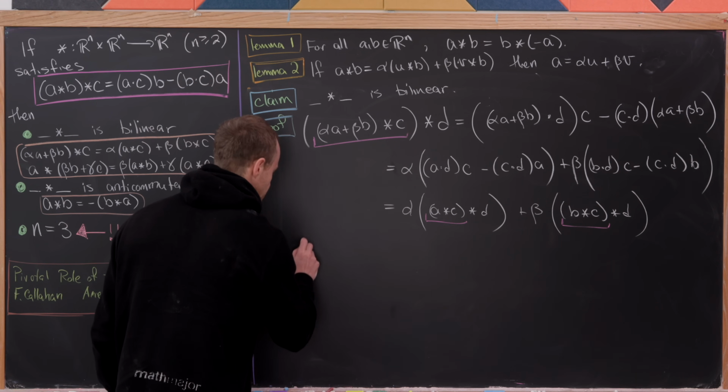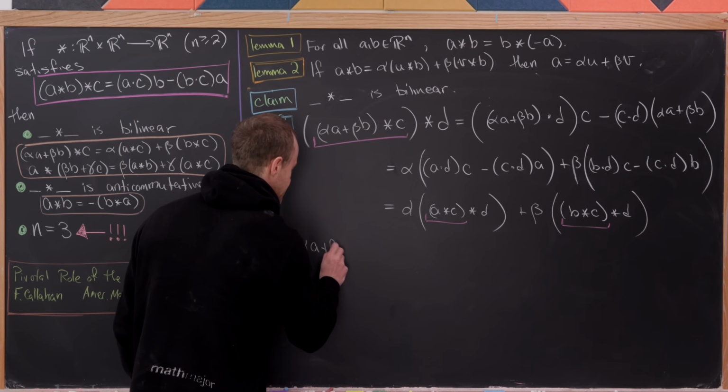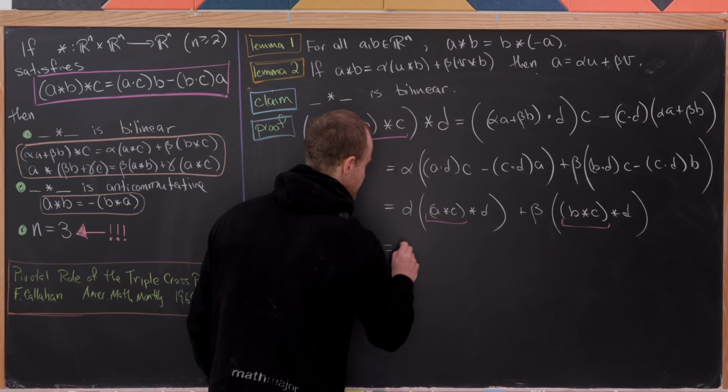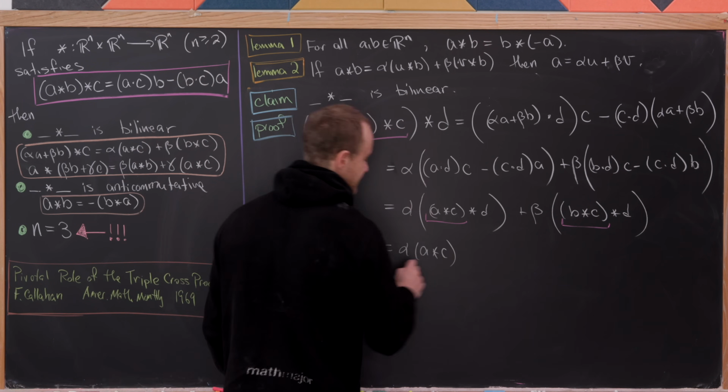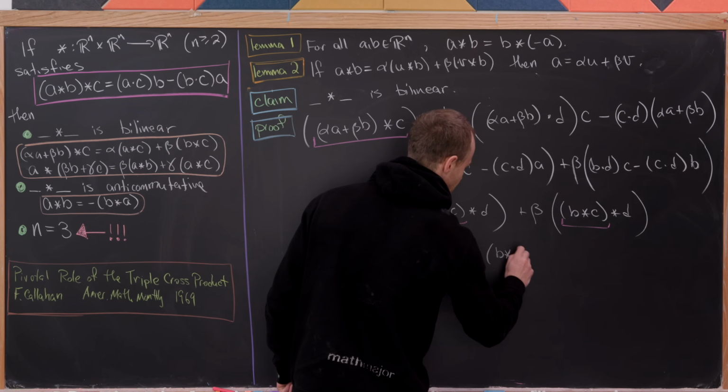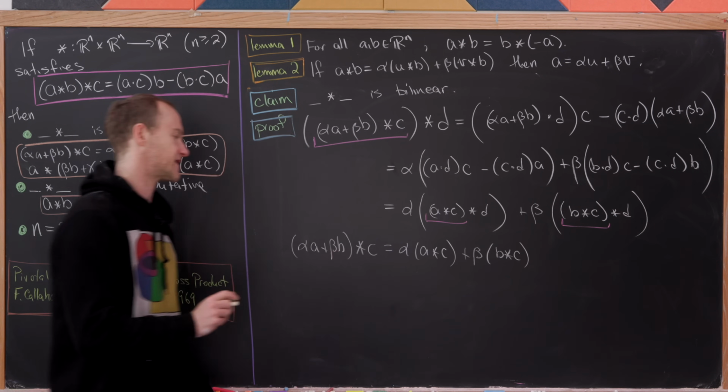So in other words, we have alpha A plus beta B starred with C is equal to alpha A star C from this first term plus beta B star C from this second term.